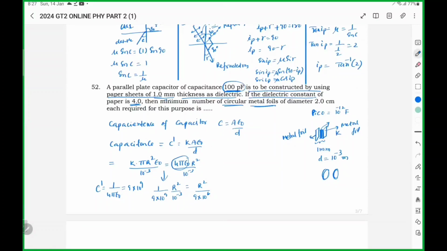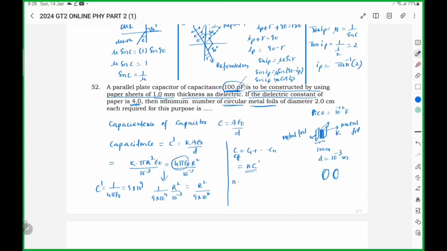So to prepare a parallel plate capacitor of capacitance 100 picofarads, such capacitors have to be connected in parallel. If capacitors are connected in parallel, the effective capacitance is the sum. If n capacitors of equal capacitance are connected in parallel, the effective capacitance is n times.